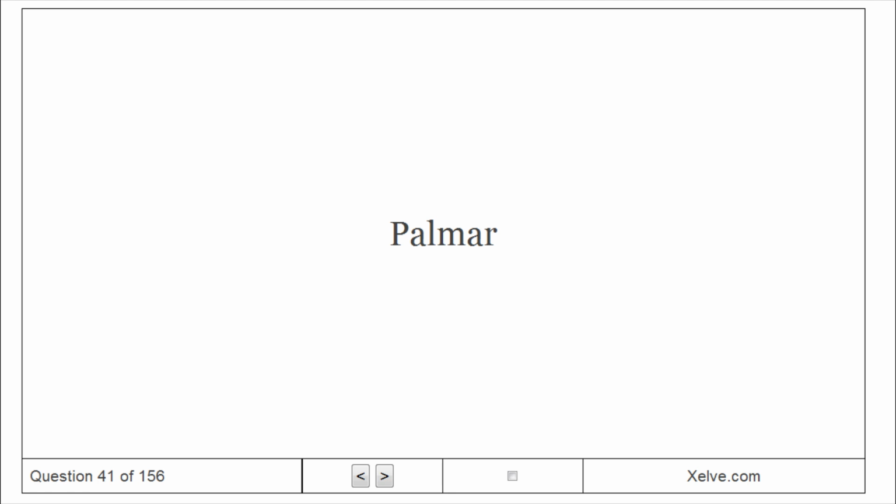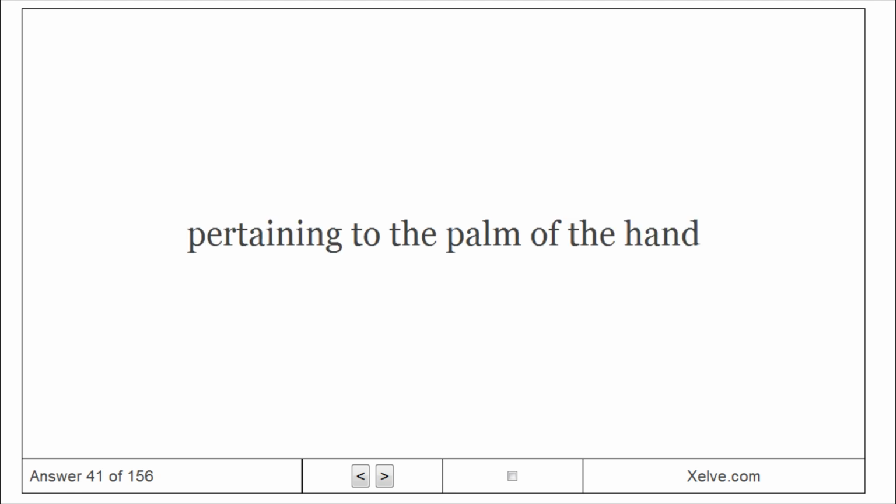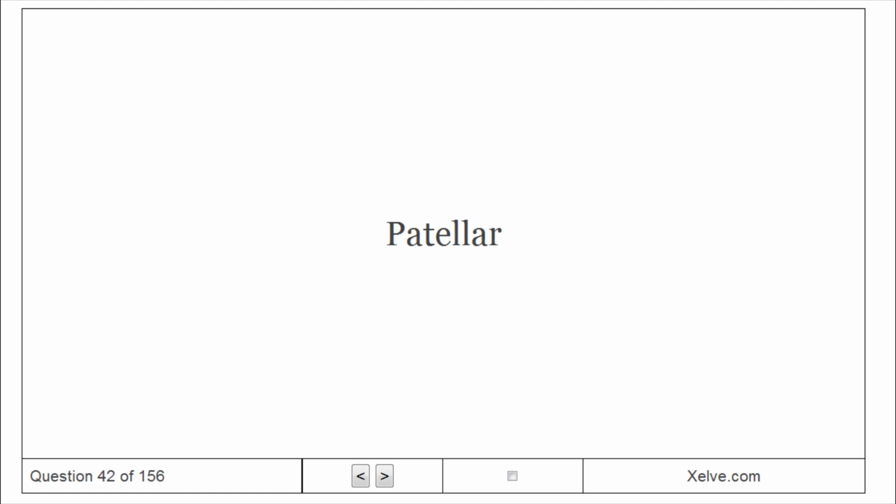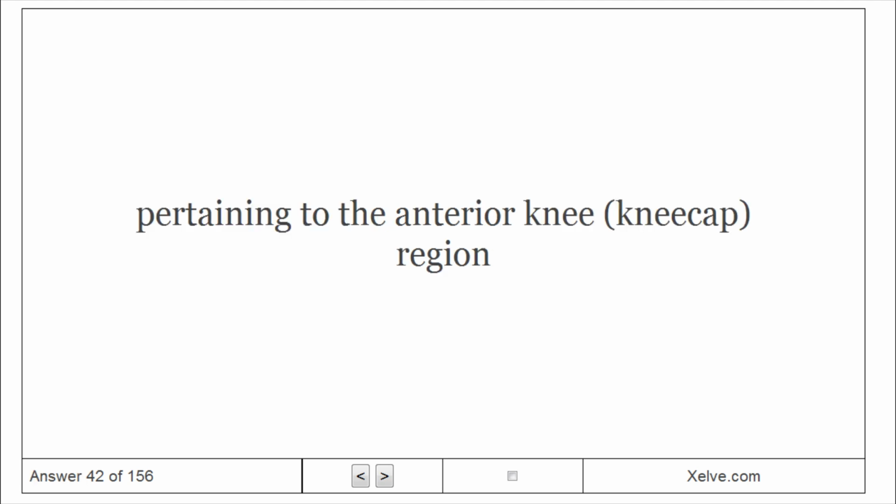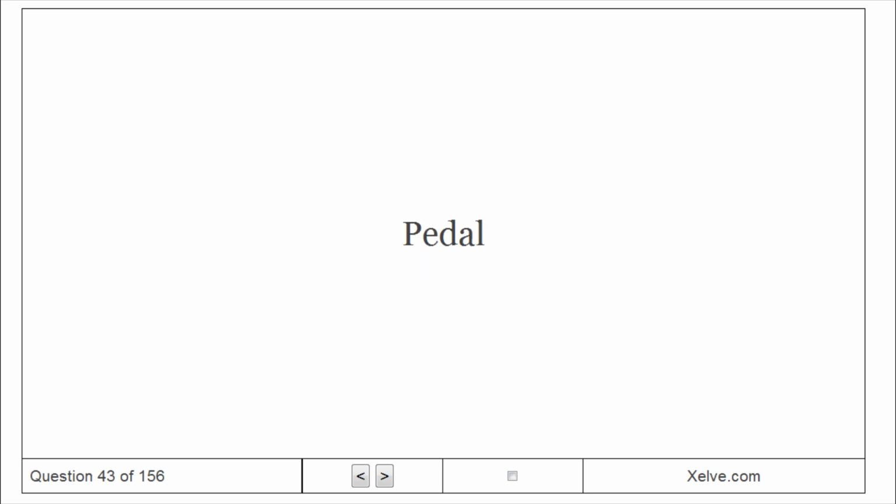Palmar: pertaining to the palm of the hand. Patellar: pertaining to the anterior knee, kneecap region. Pedal: pertaining to the foot.